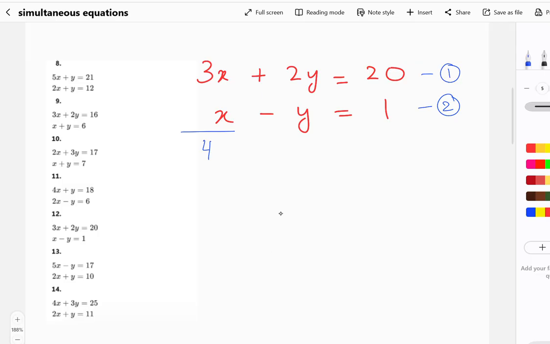So basically 2y, take away y, you will be left with 1y, right? If you add them, you're not going to eliminate any one of the variables. Okay, now let's try taking away.